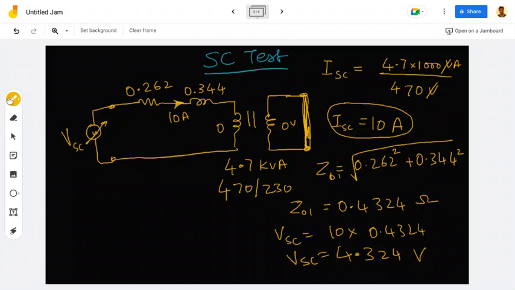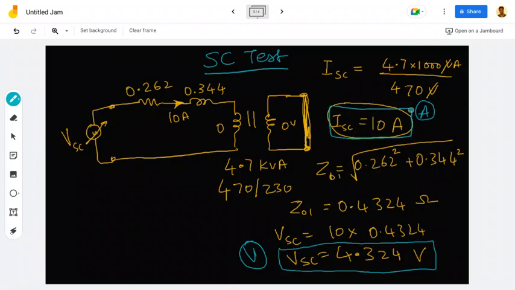Now if I mark everything, the voltmeter will read this one, the ammeter will read this one, and the power, there is a wattmeter. How much power? 10 square into 0.262, which is very easy.